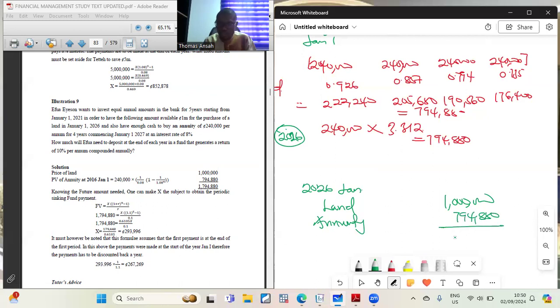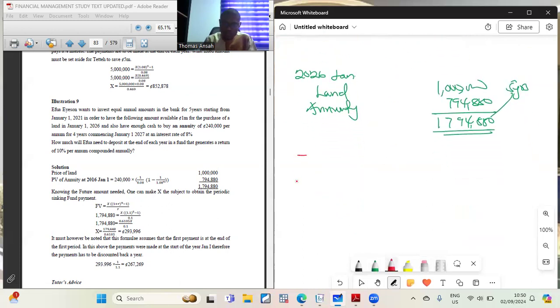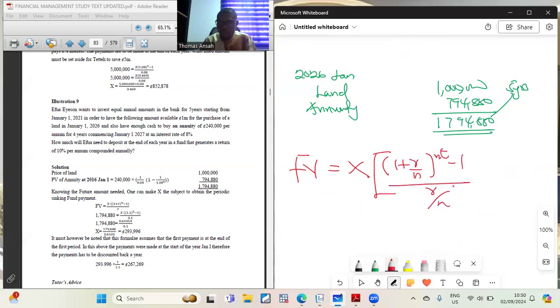So in total, IFWA is looking at having 1,794,880 in 5 years' time. So the future value, you remember your formula, is equal to x times (1 plus r over n) to the power nt, minus 1, over r over n. It is at the end, so it is ordinary.